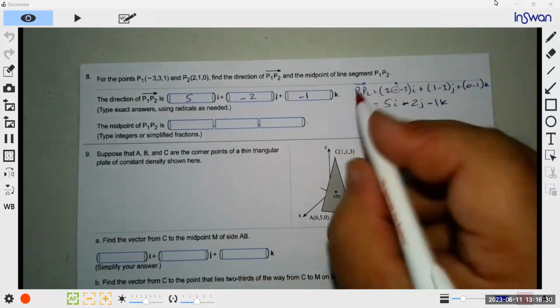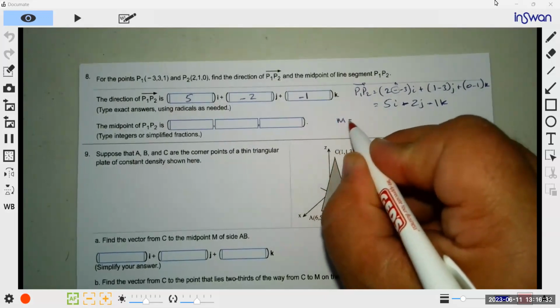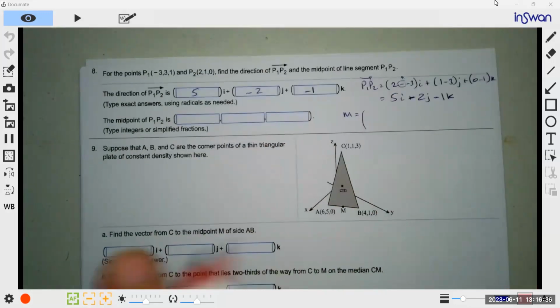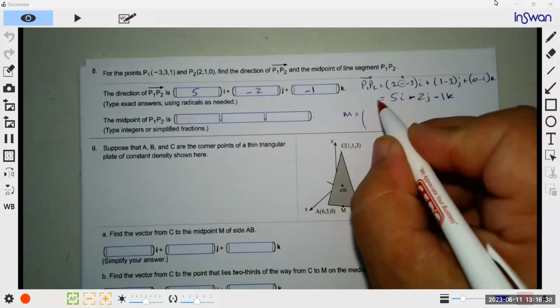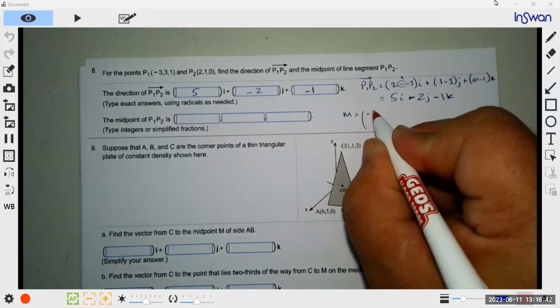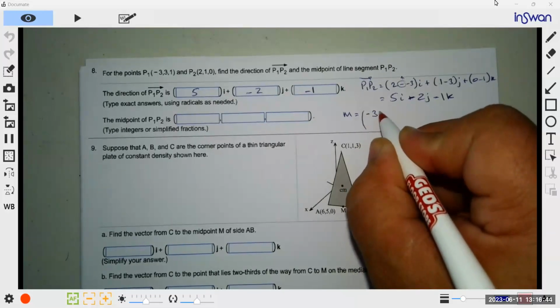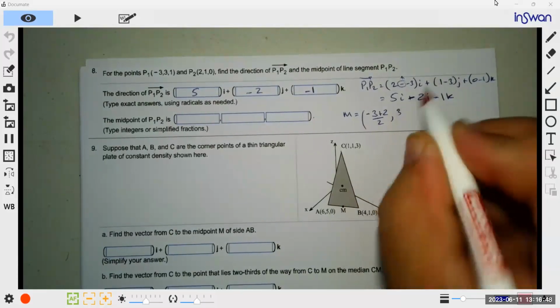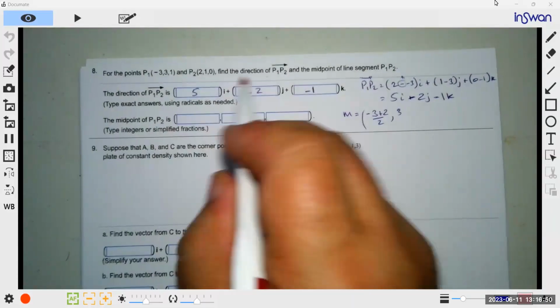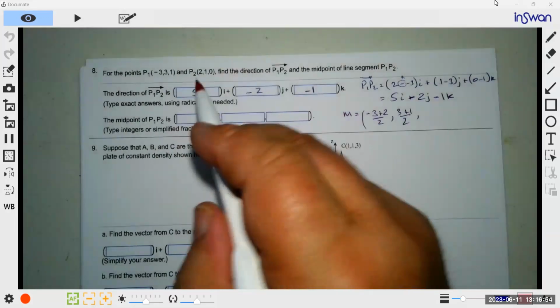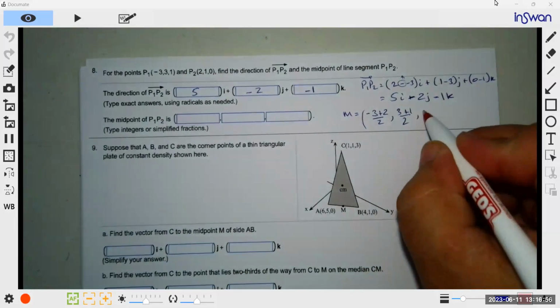Now the midpoint is simply the average of each of those points. So add the x values, the y values, and z values. So it's -3 plus 2 over 2. The y's are 3 and 1, so it's 3 plus 1 over 2, and 1 plus 0 over 2.